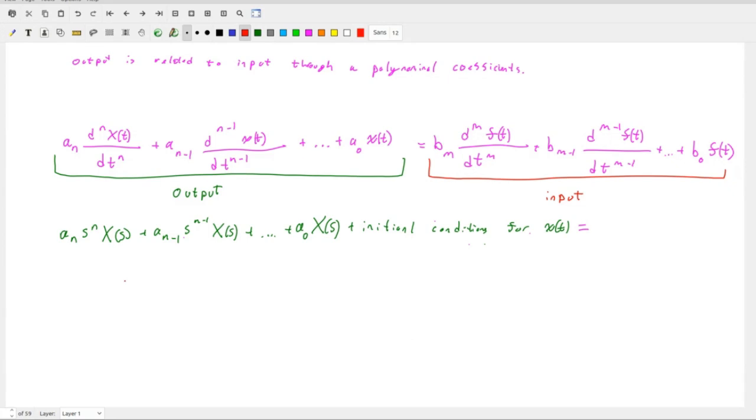On the right-hand side, we are going to have b to the m, s to the m, f of s, plus b to the m minus 1, s to the m minus 1, f of s, plus dot dot dot, plus b naught f of s, plus initial conditions.